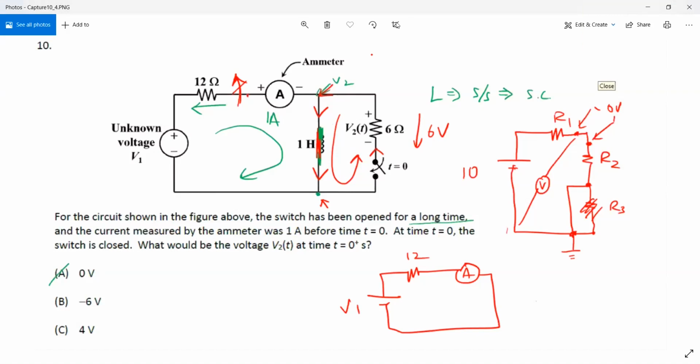Okay, thank you. Prof, regarding the question, the one with the inductor, I thought that the current is flowing in the other direction. Current is flowing downwards, correct?